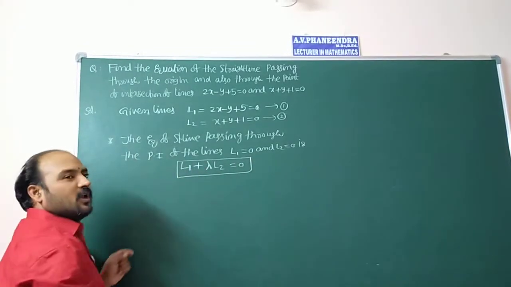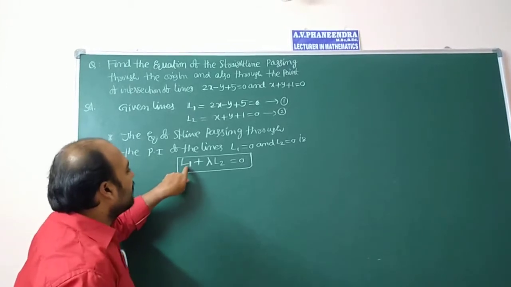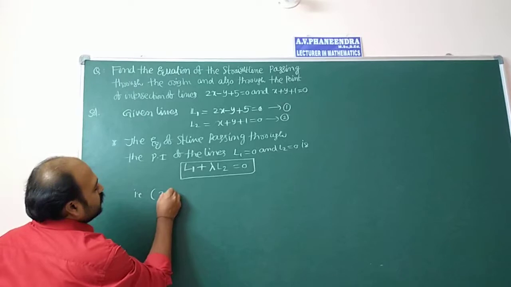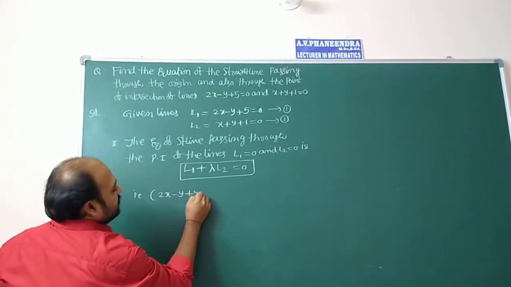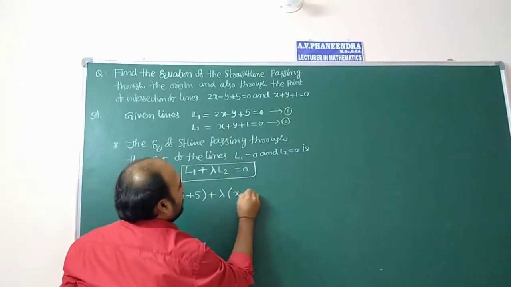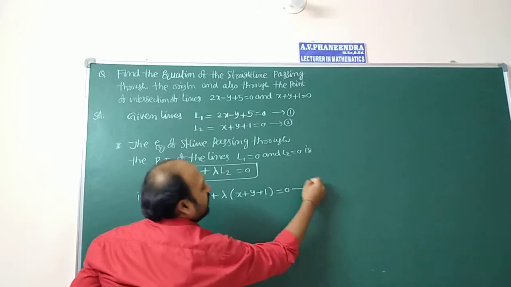It represents the family of lines passing through L1 and L2. Substituting L1 and L2, we get 2x minus y plus 5 plus lambda into x plus y plus 1 equal to 0. Put that equation number 3.